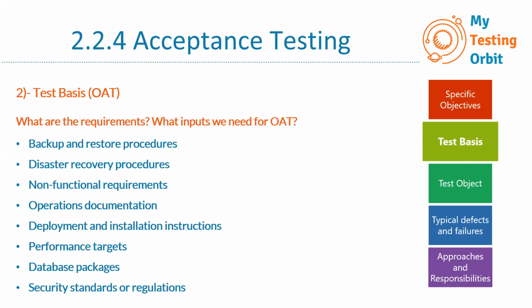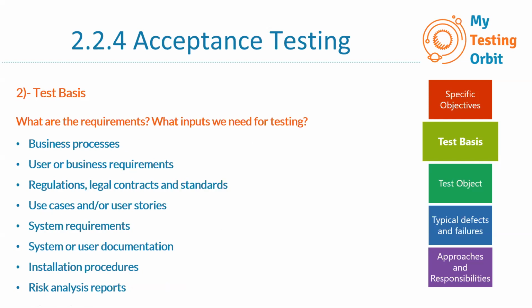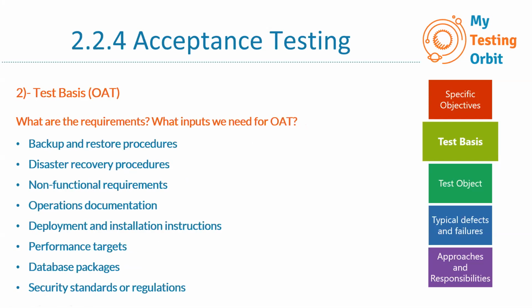So now when we come to the test basis of operational acceptance testing, that would be slightly different from the broader term acceptance testing. Before that, these test bases apply to all forms of acceptance testing. But there are a few test bases which are exclusive to OAT only because of the nature of the testing.